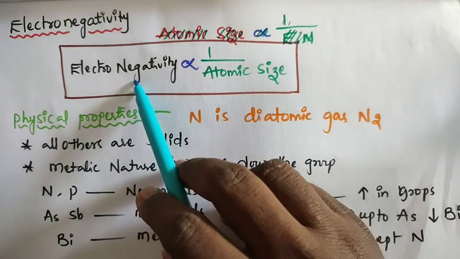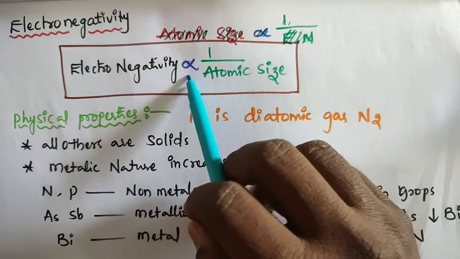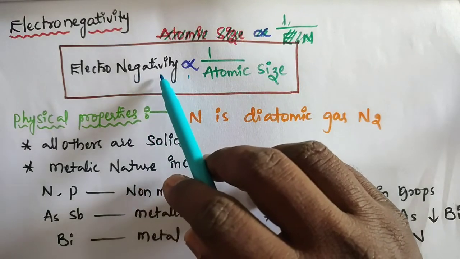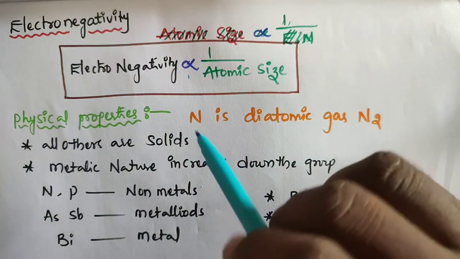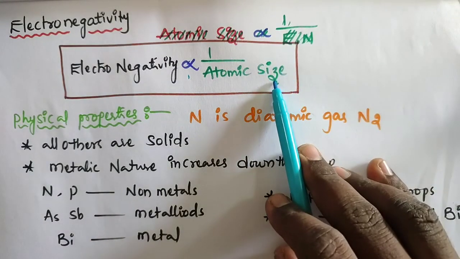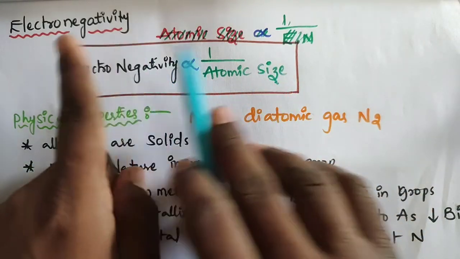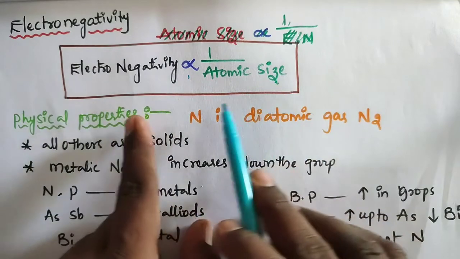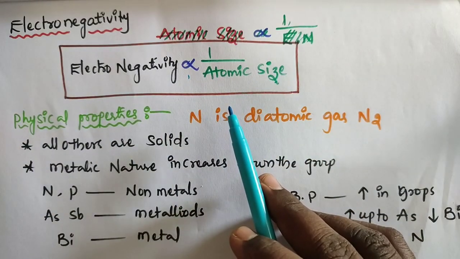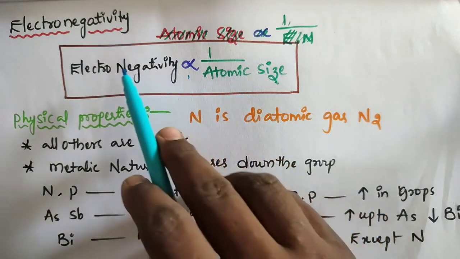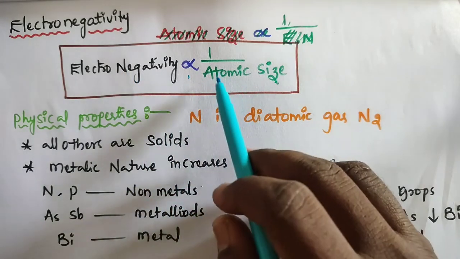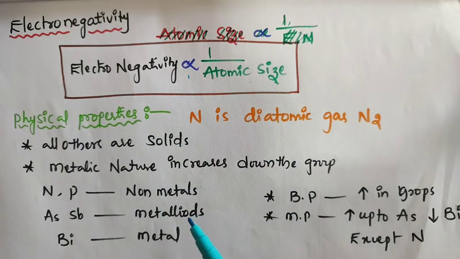So electronegativity and atomic size have an opposite relation. Electronegativity decreases from top to bottom because of the increase of atomic size. By following this table, you can write the electronegativity difference in 15th group elements.